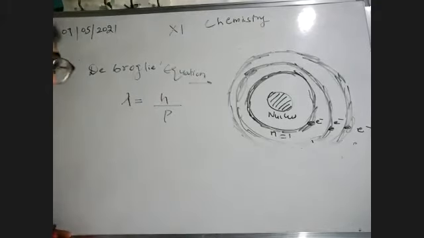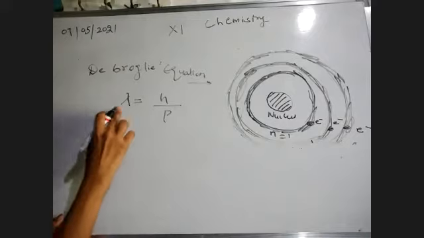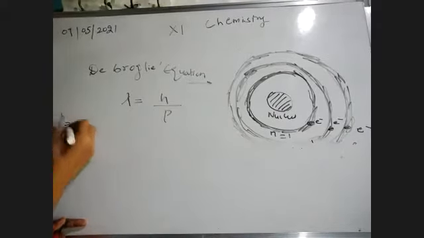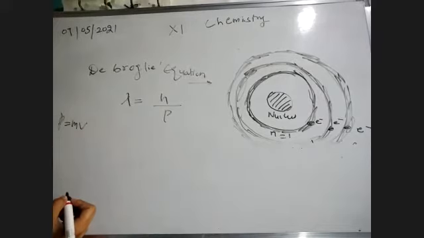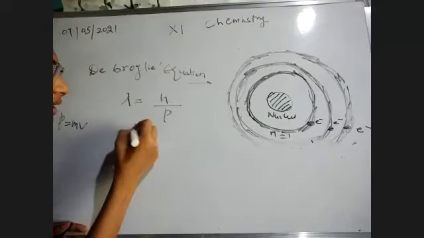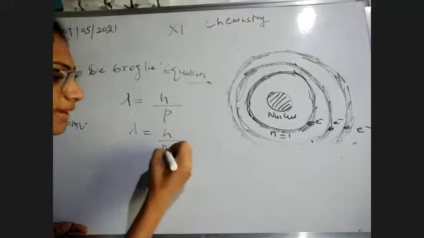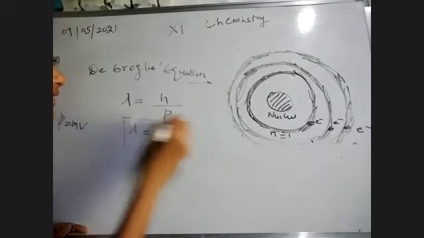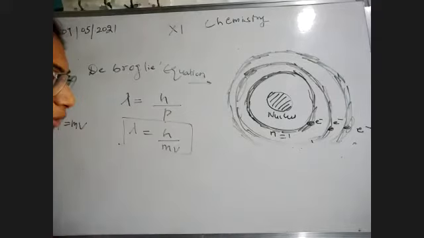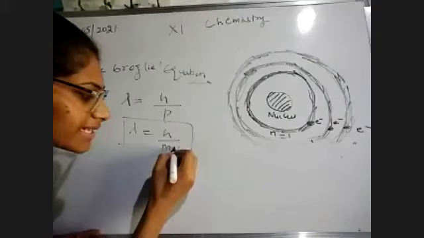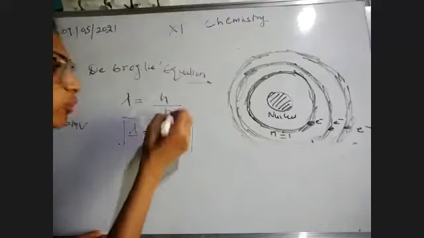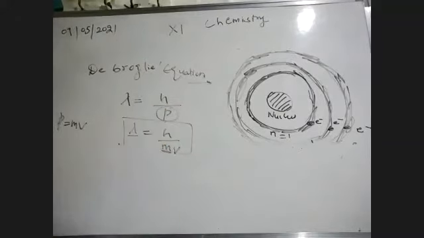We know momentum, small p, equals mv, mass into velocity. So lambda equals h over mv. This was all about the de Broglie equation. With the help of this equation, we can easily calculate our velocity, wavelength, mass, or even momentum.